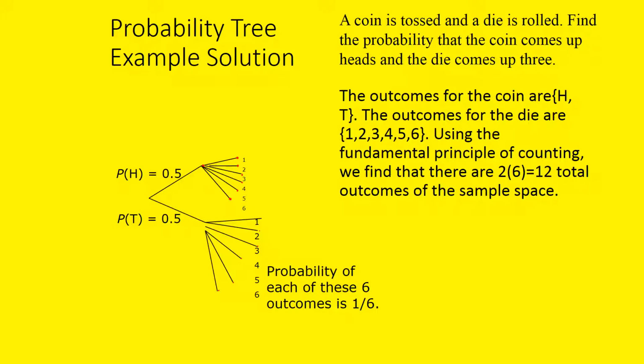And of course we have that for each of the 12 nodes at the far right of the tree diagram. 4, 5, 6, 7, 8, 9, 10, 11, 12. But of course it's just 2 times 6.